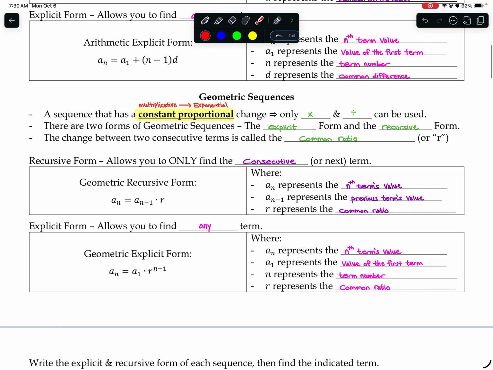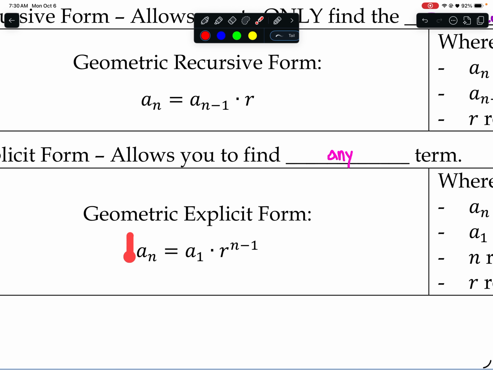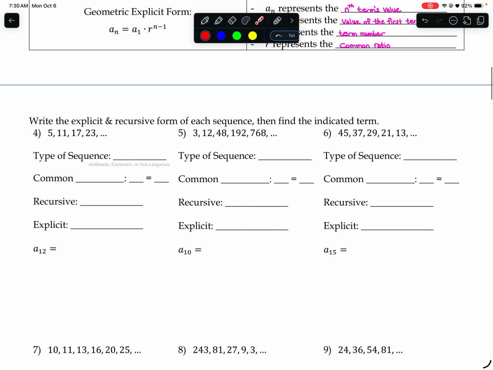So once again, we also have recursive and explicit form. However, with your explicit form, this is going to take the form of your exponential equation. So it looks similar to y equals a times b raised to the x, but it's going to be written a little bit differently. So same idea as before, make sure you're paying particular attention to the notation, and we'll just go right into it.